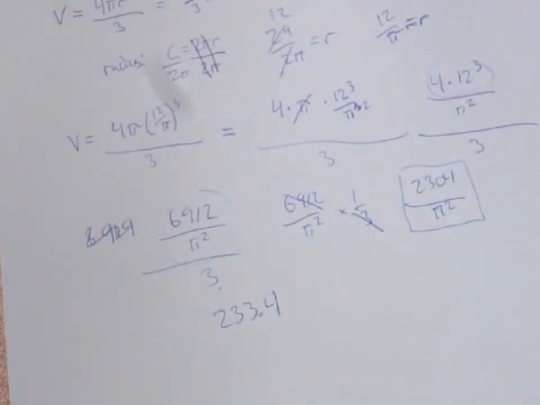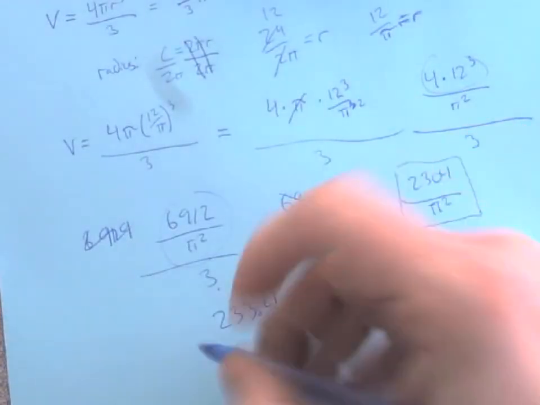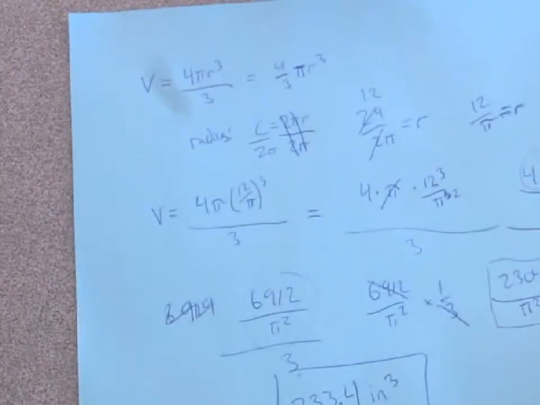And then we just need our units. My book closed, sorry, I've got to open it up again. I think the units that we were looking for were centimeters. Oh, sorry, inches. So this is cubic inches. So, problems within problems.